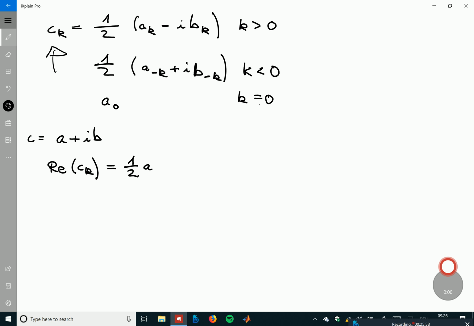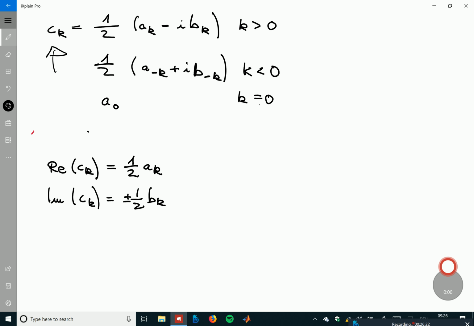This is just a little bit annoying, and there are actually ways to get rid of this 1/2, but we keep it here. And the same way, the imaginary part of this ck would be plus minus 1/2 bk.